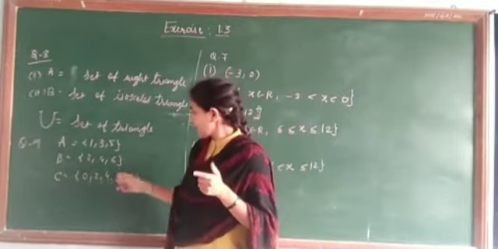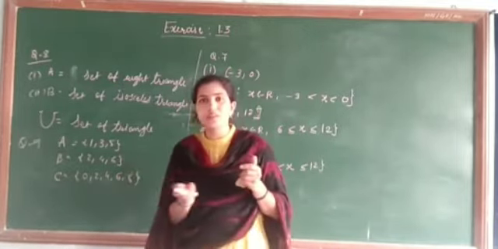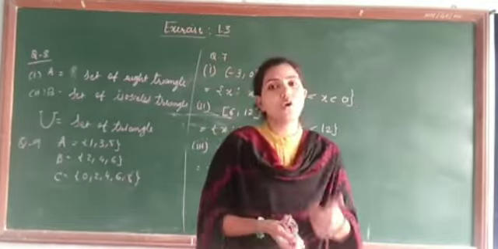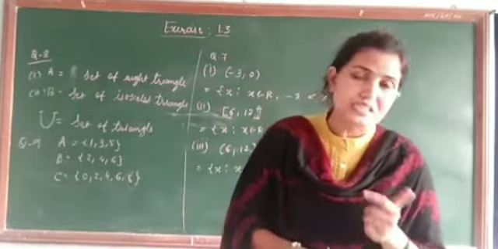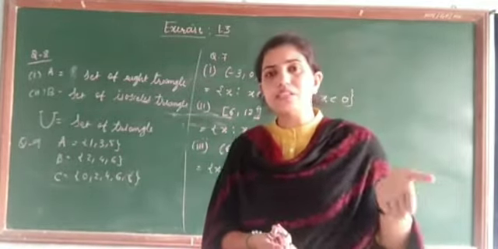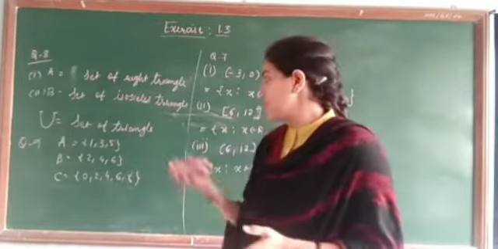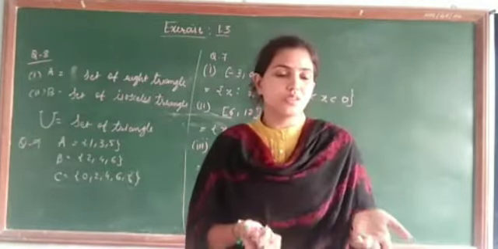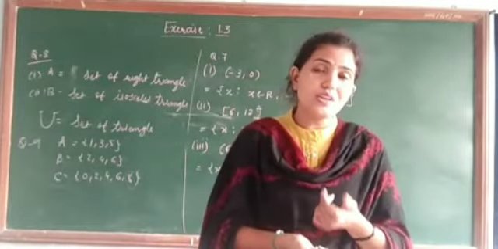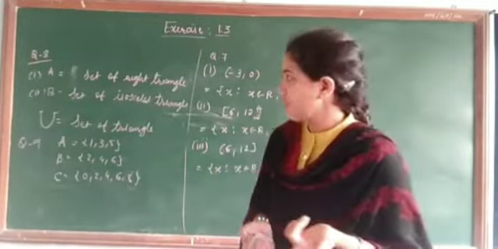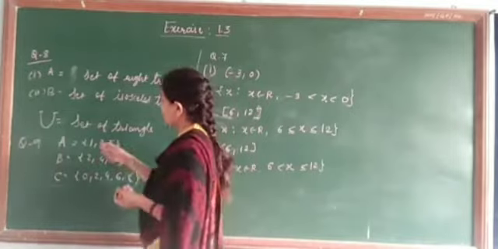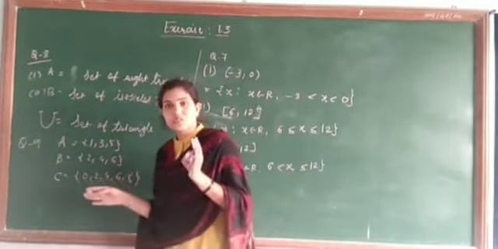So 6 is there but 8 will not be included there. So first is not a universal set. Second, empty set. Empty set is the smallest set among all the sets. So it is not a universal set. Third, 0 to 10, then obviously 0 will be there. So that can be considered as a universal set.